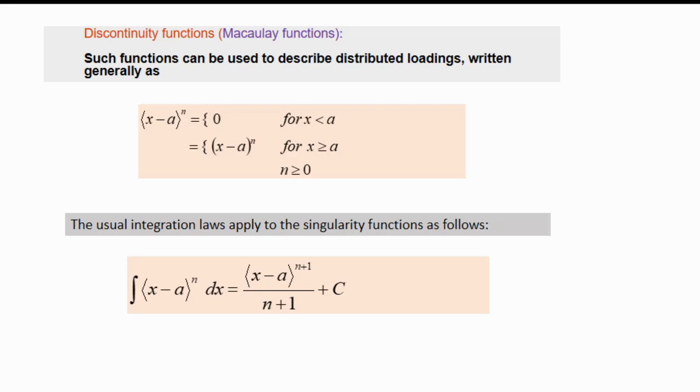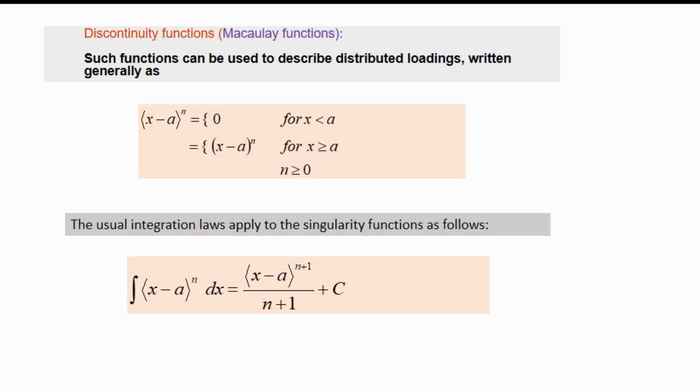When x - a is negative, that means x is less than a, it will equal 0. When x is greater than a, that means x - a is positive, then this pointed bracket will act as a normal bracket.